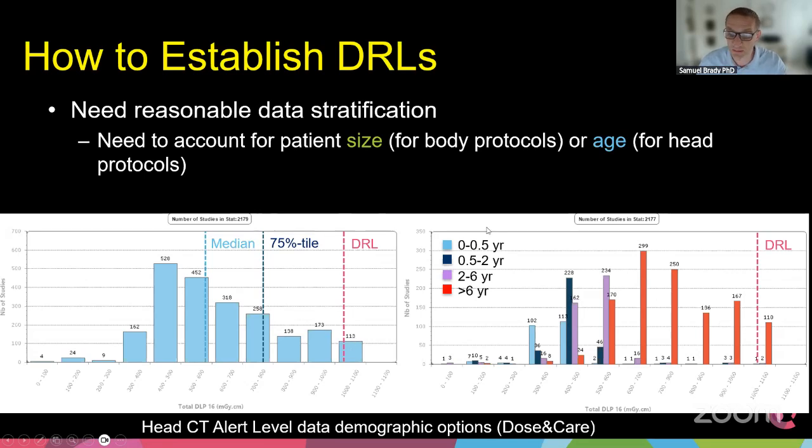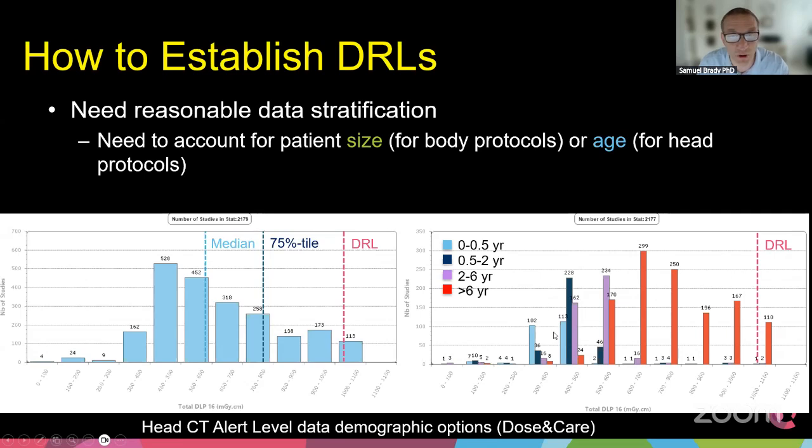When I break it down by exam type, now it's broken down by age because we are pediatrics, so we have different dosing levels for different size heads and age heads. And you can see that the only procedures that exceed the DRL are from our patient group over 6 years old. And so if I apply DRLs globally to all my protocols, I actually am not in any way optimizing my 0 to 6 year old.